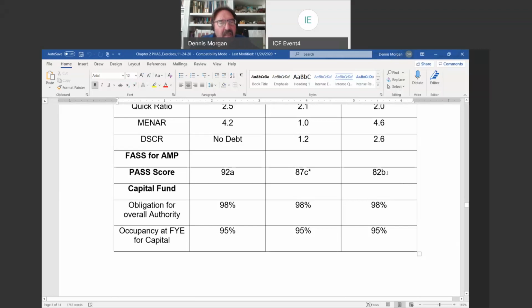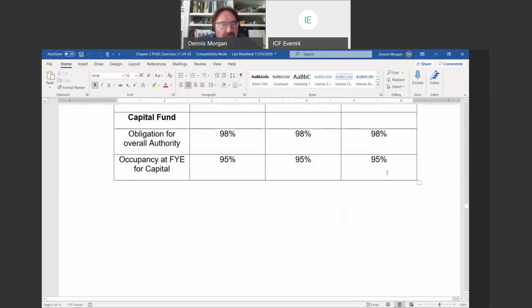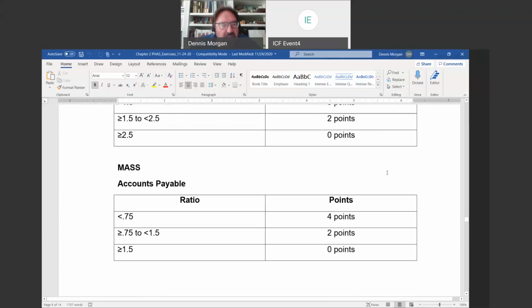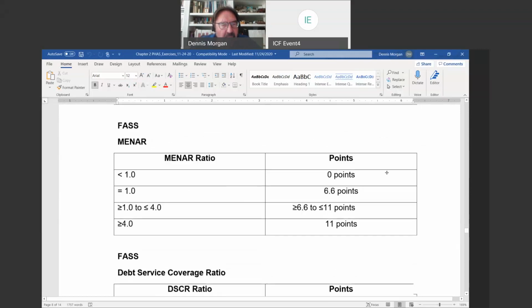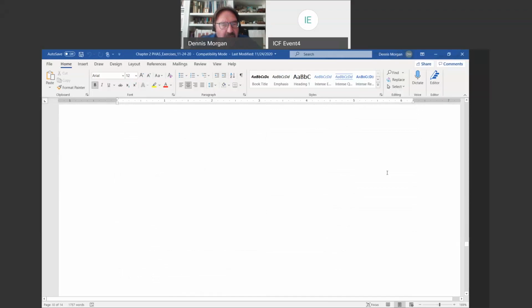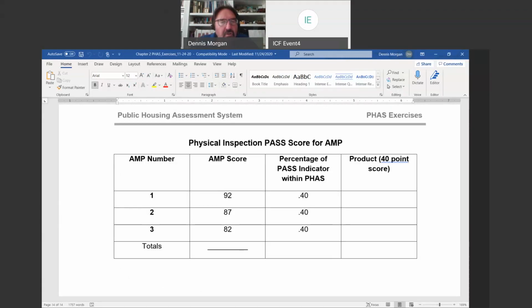But we're now going to take these scores and convert them into a 40-point system to come up with our overall score based upon the weighted average. So we're looking at the physical inspection under the PHAS score for each AMP. AMP number 1 scored 92. AMP number 2 scored 87. AMP number 3 scored 82.